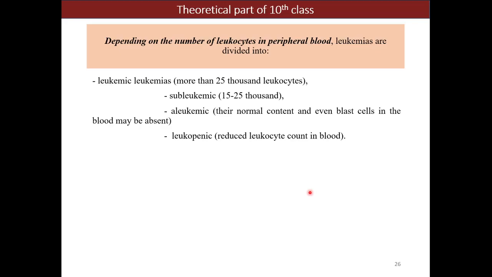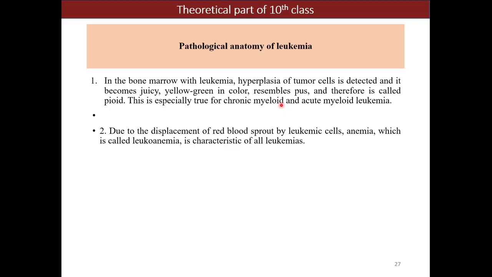The more leukocytes could be found, the worse the prognosis is. But in case of leukopenic leukosis, we also will lose the patient soon. So some of the most benign are the subleukemic and aleukemic forms of leukemias.